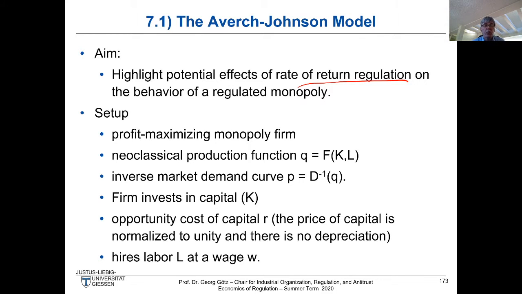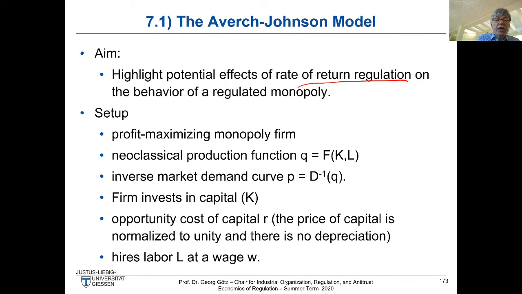And what you might want to do is just invest. You just want to build networks because, irrespective of whether you need them or not, you can earn a lot of return on that. And that's actually the basic idea behind the Averch-Johnson model.